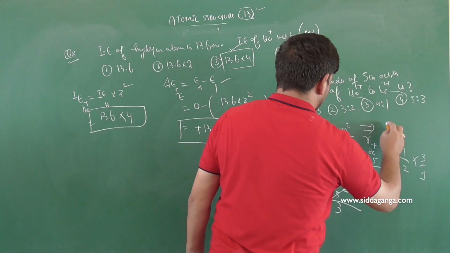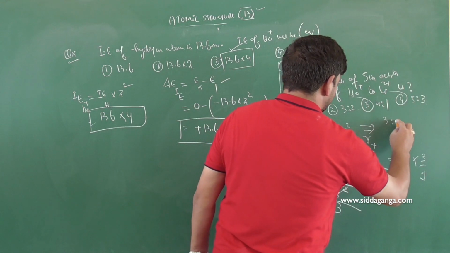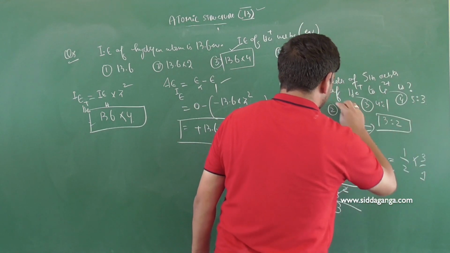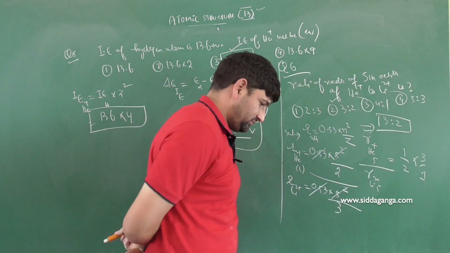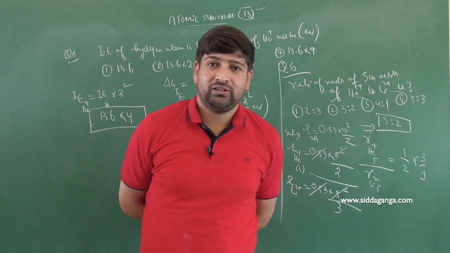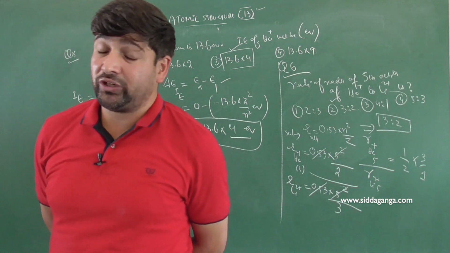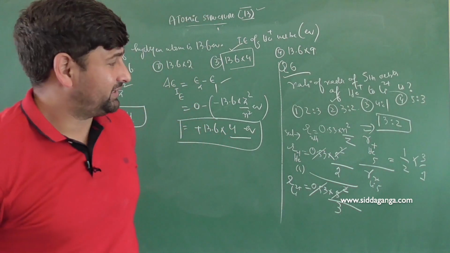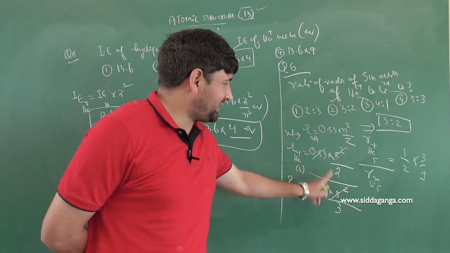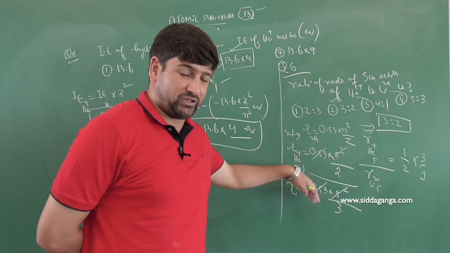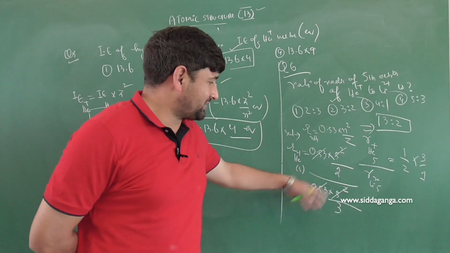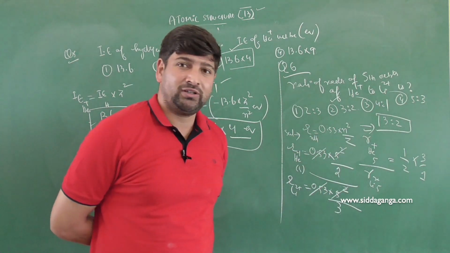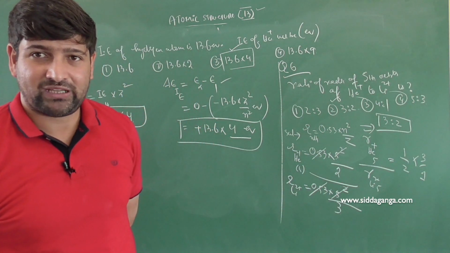So the ratio comes equal to 3 is to 2. So the correct option will be the second one. Did you get the point? Because we know the radius of a uni-electron system is found by 0.53 into n square by Z. So here Z is varying, n is the same, and A0 is also the same. So they will cancel out and you will get the ratio in terms of 3 is to 2. Am I clear?